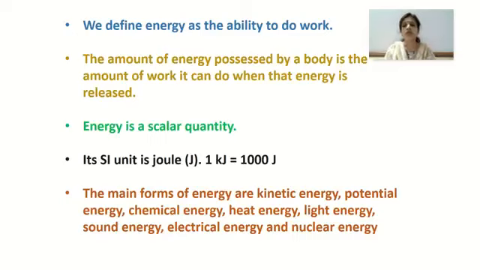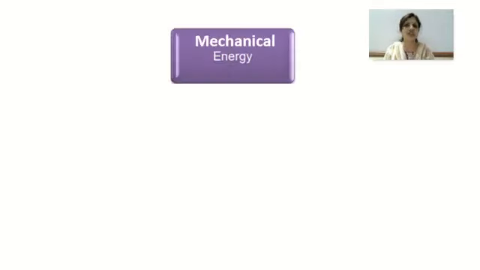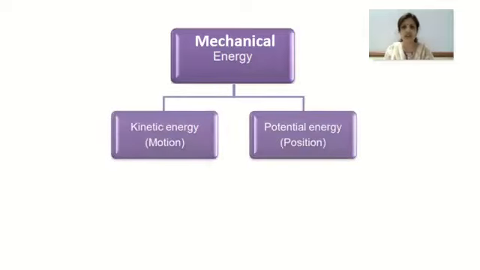The main forms of energy are kinetic energy, potential energy, chemical energy, heat energy, light energy, sound energy, electrical energy and nuclear energy. We have also understood that mechanical energy is of two types, that is kinetic energy and potential energy.